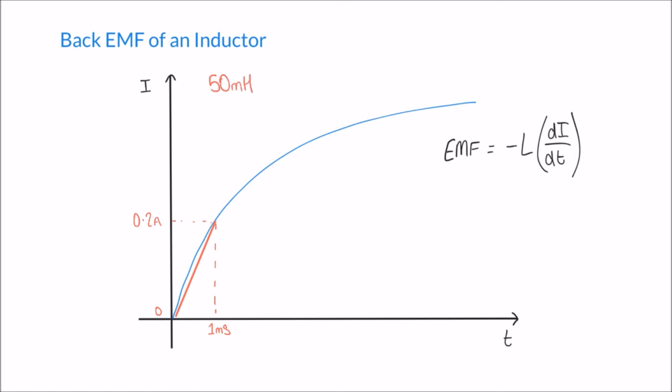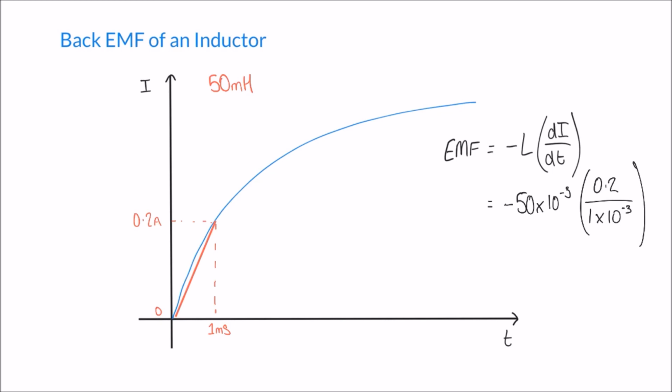So let's apply this to the formula, because we can now say that the formula for EMF is going to be equal to minus L, which in this case is minus 50 times 10 to the minus 3, multiplied by di by dt, the change in I over the change in T. Well, I in this case has changed by 0.2 and T has changed by 1 millisecond, or 1 times 10 to the minus 3.